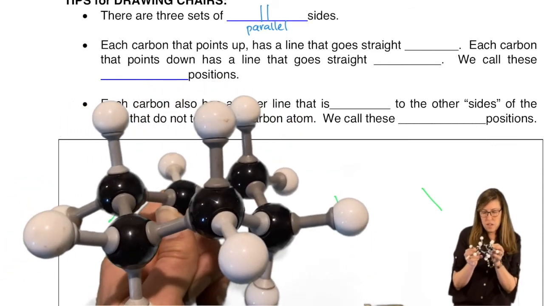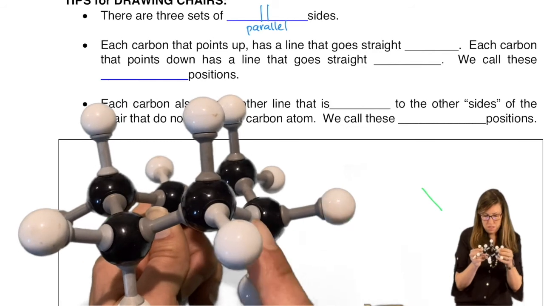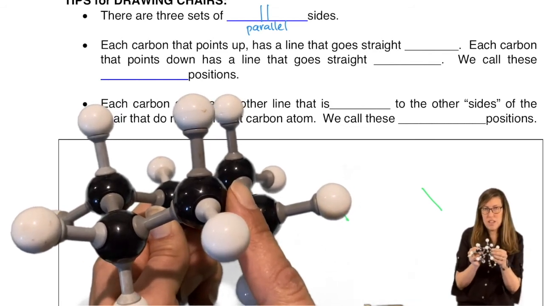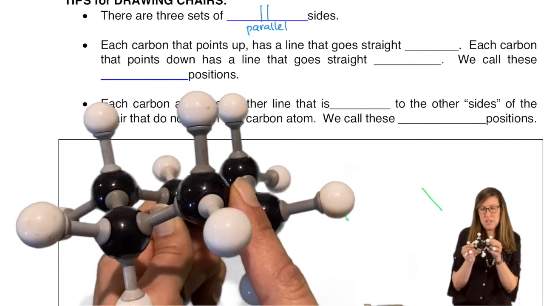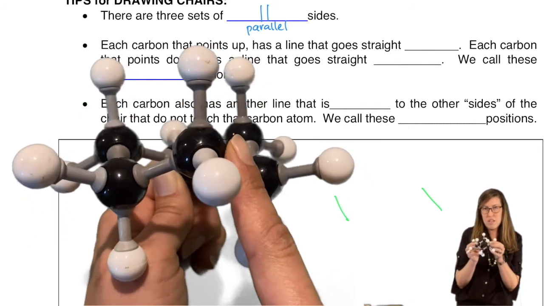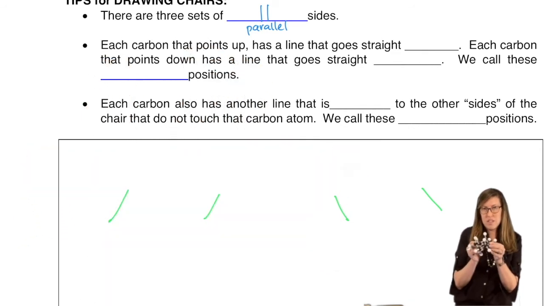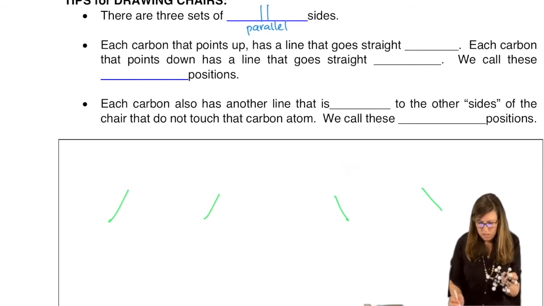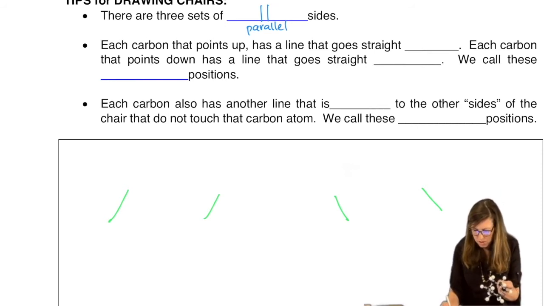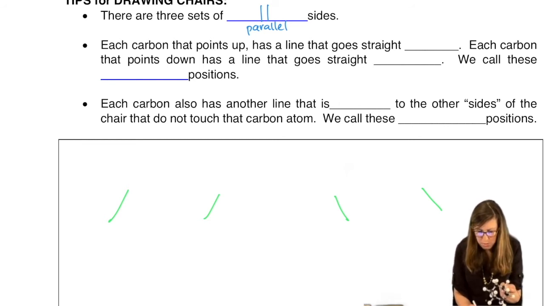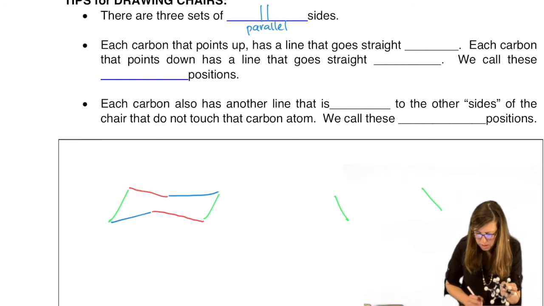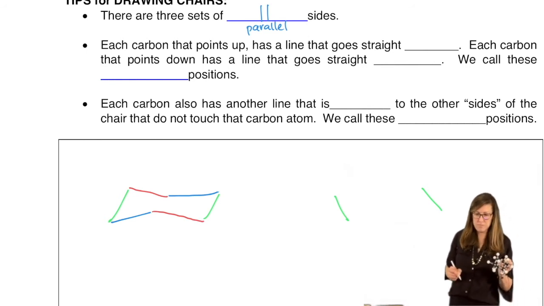So if your front carbon is up, which is the perspective I'm looking at, and you're to the right, the front carbon's going to be up. So the blue's parallel, the red's parallel, the green's parallel.